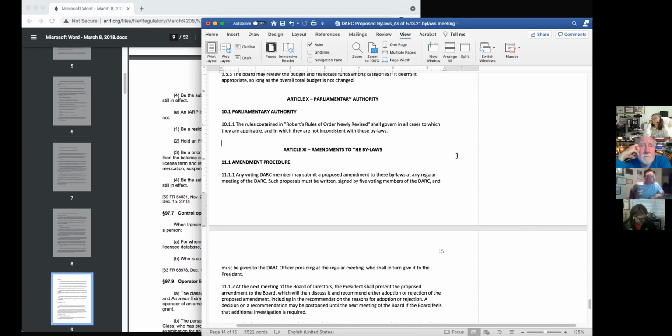Is that the most current? Well, that doesn't specifically mention it, but this is the 11th edition. So really you go off the most current one, but there's not many changes. But it is Robert's Rules of Order Newly Revised. So that's what it goes under.